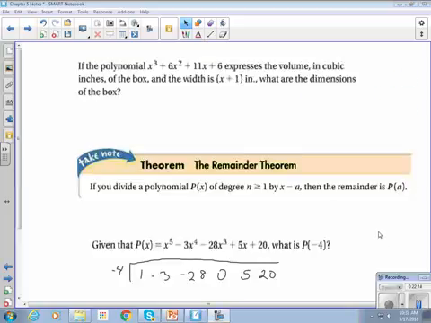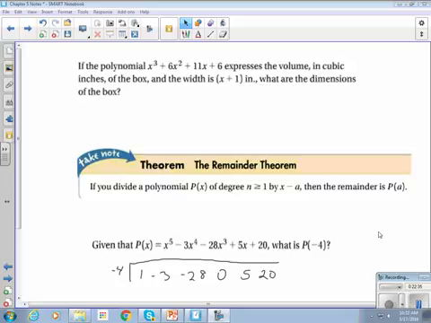Alright, the polynomial x to the third plus 6x squared plus 11x plus 6 expresses the volume in cubic inches of a box, and the width is x plus 1. What are the dimensions of the box? So we're going to use synthetic division.